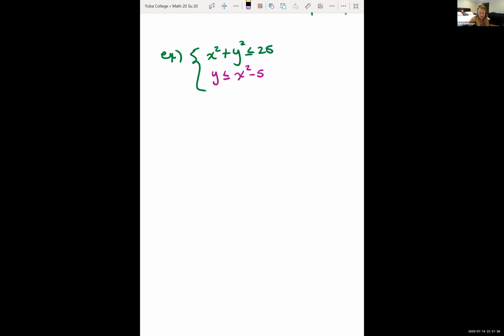You should be able to recognize again the shape of the graph. So x squared plus y squared equals 25 is just a circle with a radius of 5. So we're going to go up, down, left, right, 5. And we're going to have a solid line.